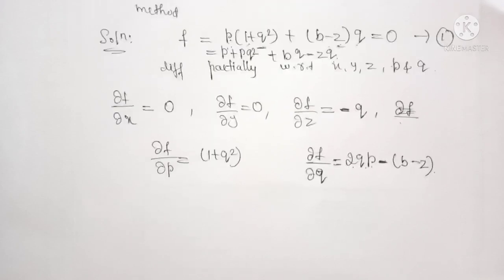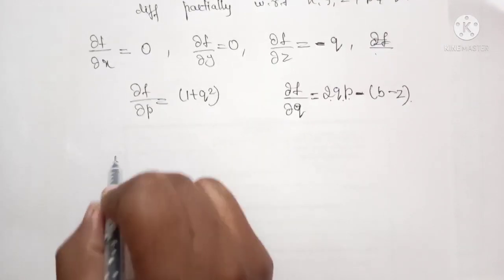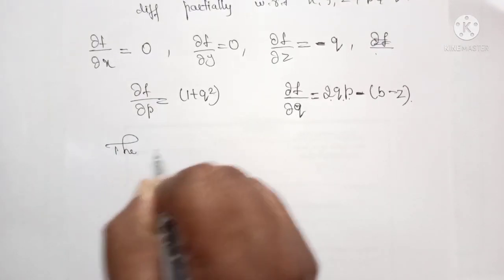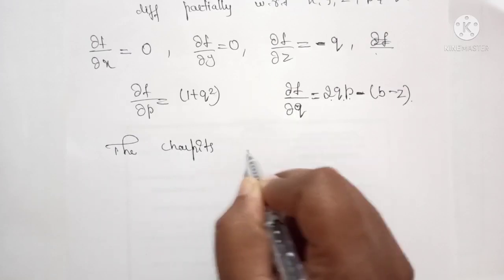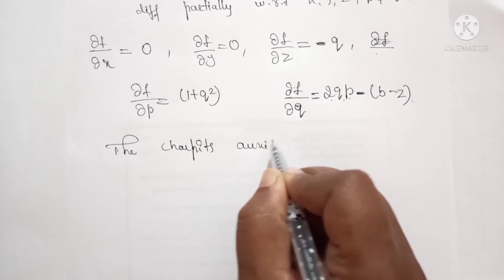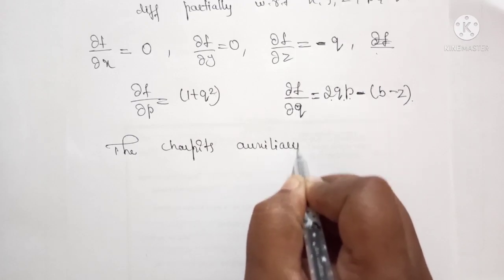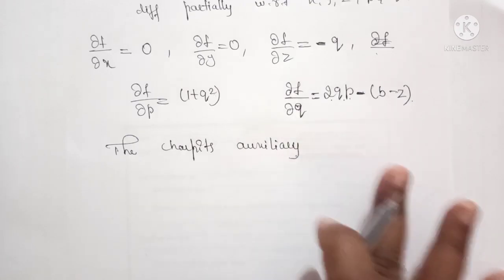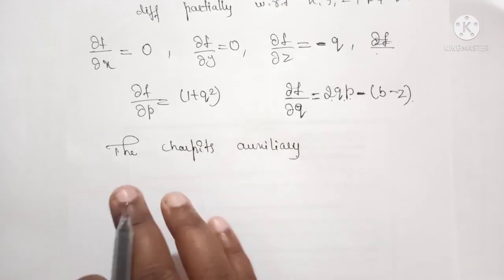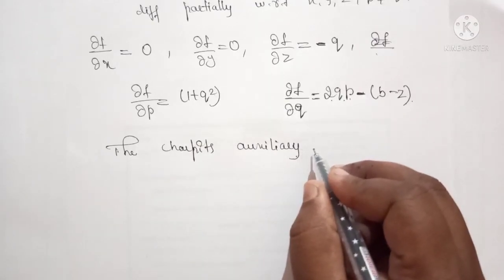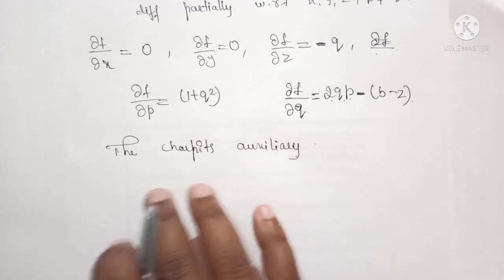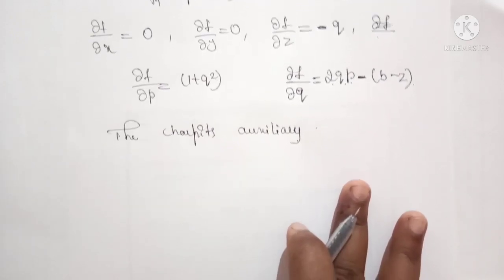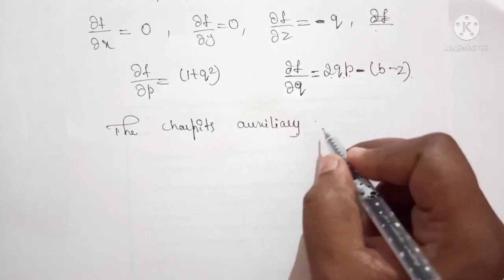Now we write Charpit's auxiliary equation. In the exam, better you mention the whole formula, that is first you have to write the Charpit's auxiliary equation in the standard form. Here I will directly substitute all the values, but you write the formula in the exam.